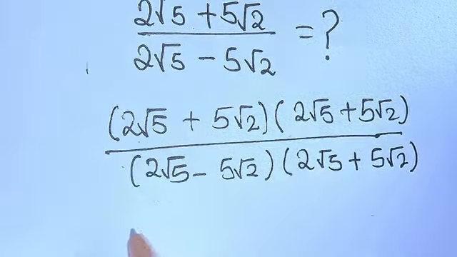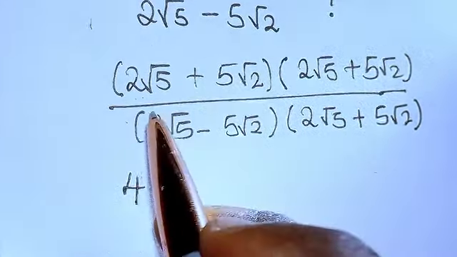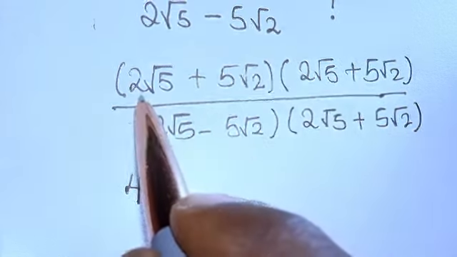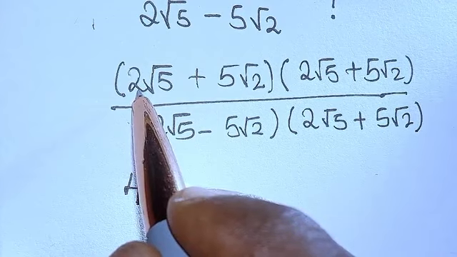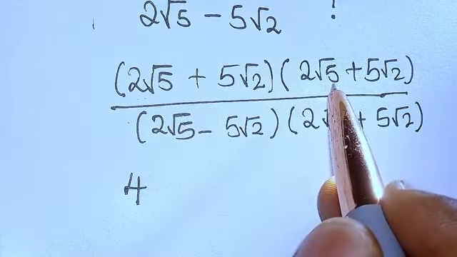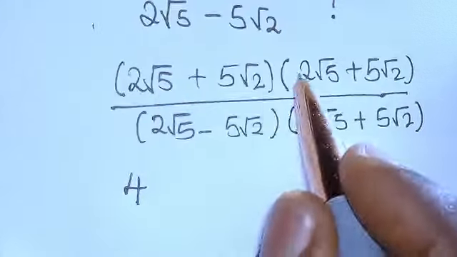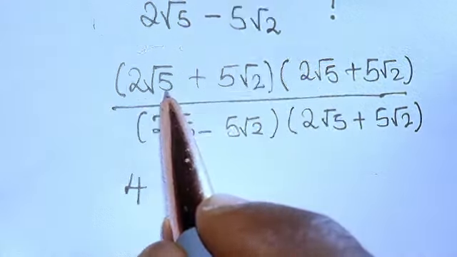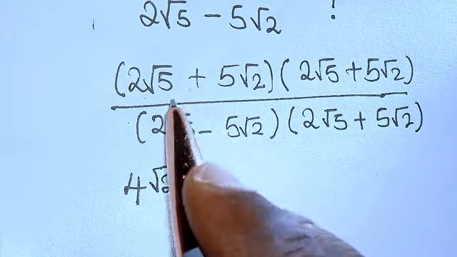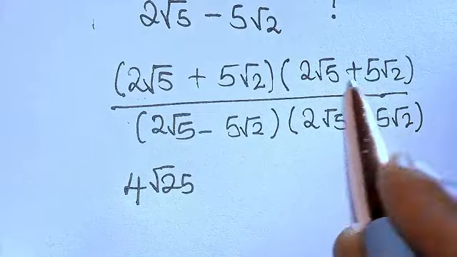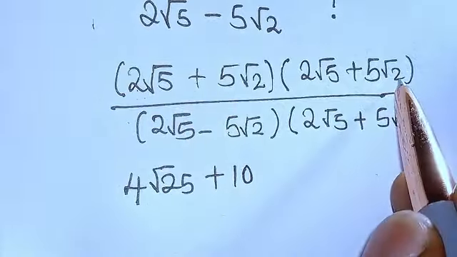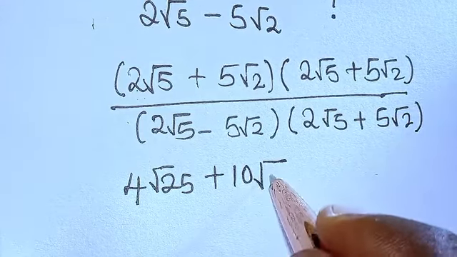So 2 times 2 gives 4, then root 5 times root 5 gives root 25. Then we take 2 root 5 to multiply 5 root 2: 2 times 5 gives 10, then root 5 times root 2 gives root 10.